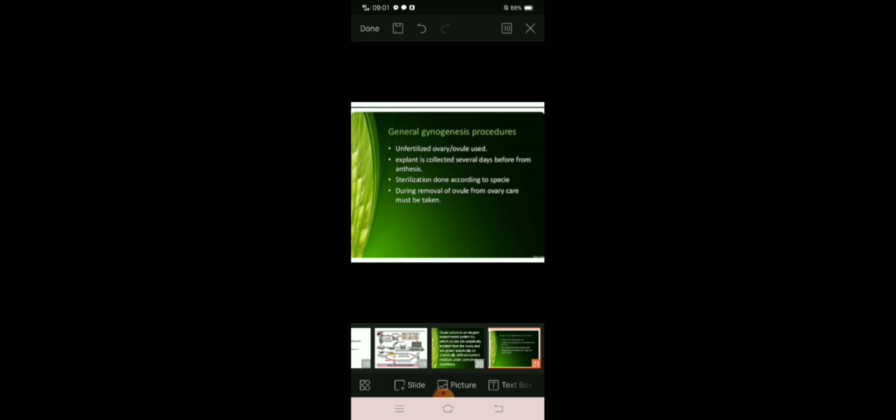So we just follow the procedure. We take an unfertilized ovary, one that has not yet developed, and the explant is collected several days before anthesis, so it should not be mature yet, before it blooms. Sterilization is done, so there must be a sterilization process. Then removal of the ovule must be done carefully.